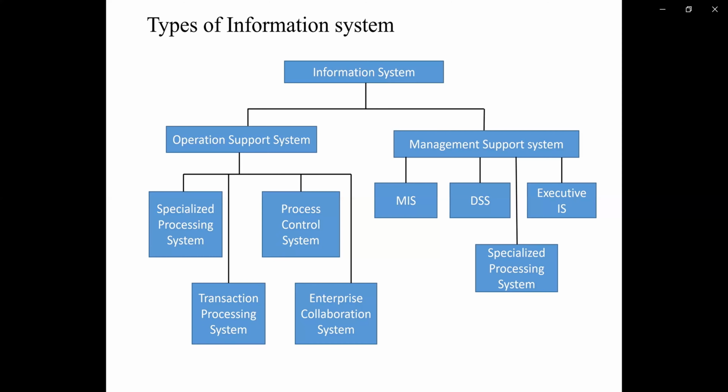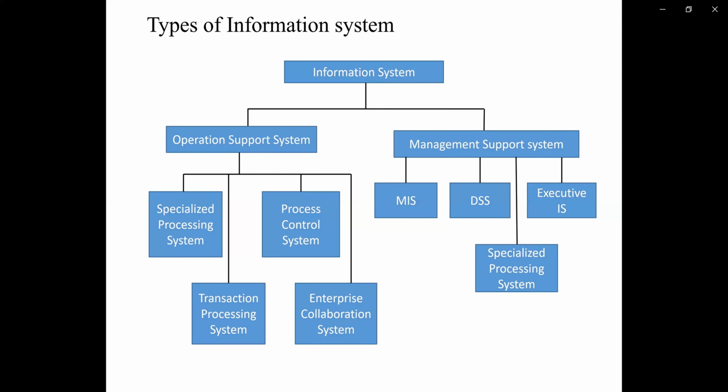For example, a petroleum refinery uses electronic sensors linked to computers to monitor the chemical processes continuously and make instant adjustments to control the refinery process. So that is a process control system, where the petroleum process is controlled by the computer.